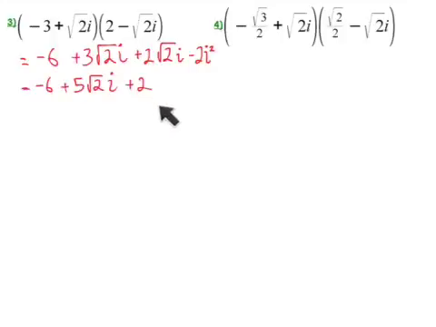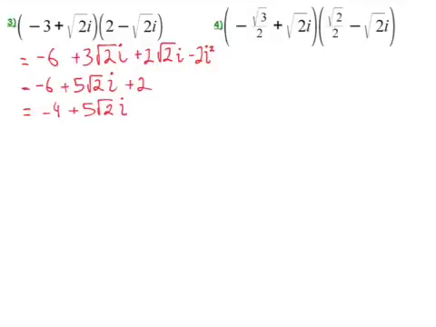And it becomes a +2. And our i terms, we've got 3√2 plus 2√2 gives us a 5√2 altogether. And then adding the real parts gives us this as a complex number product.